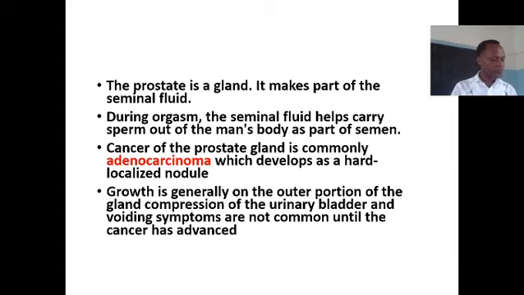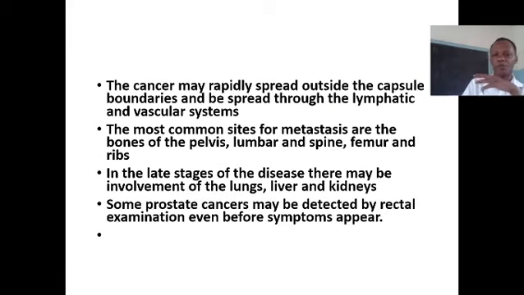Therefore, when you say adenocarcinoma, this is the cancer that arises in the gland-forming tissues. The cancer may rapidly spread beyond the capsule's boundaries from its original site and be spread through the lymphatic and vascular systems to affect other, distant organs.